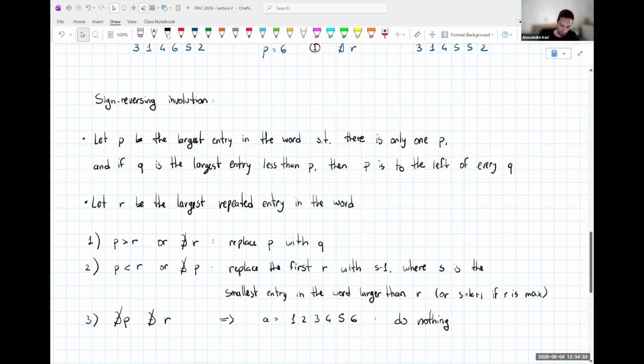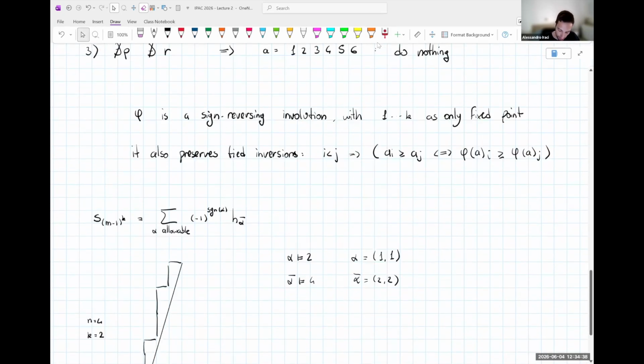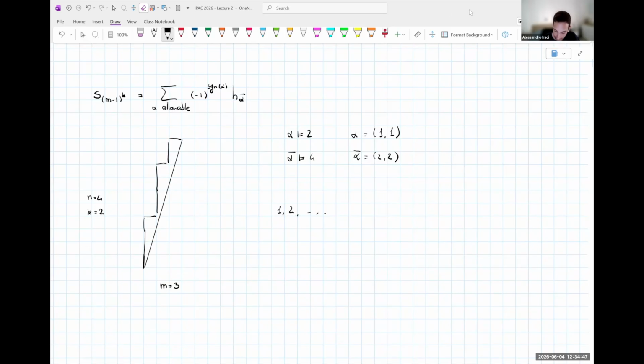And now recall that we can think of this thing as a sum of 2 alphabets. What do I mean? I can label this gadget here, instead of labeling it with entries from 1 to whatever, I can add another alphabet after it with this condition. The ordering is the usual, but the barred numbers are larger than the non-barred numbers. In some sense, these represent our x's, these represent our y's.